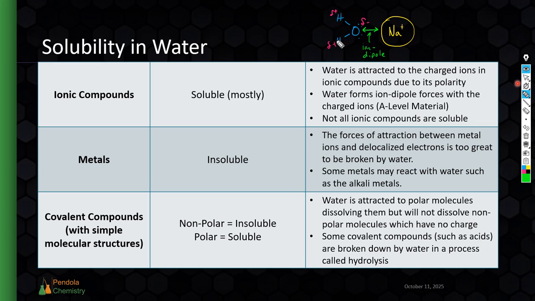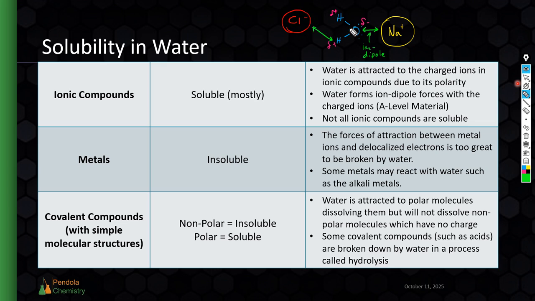The hydrogen side of water, the positive side of water, can also form these forces, but not to a positive ion like sodium, but to a negative ion like chloride. If we have a negative ion, we can form an ion dipole force, so there's a force of attraction between the negative ion and the positive hydrogens in the water.